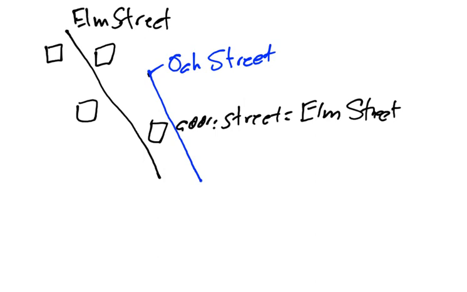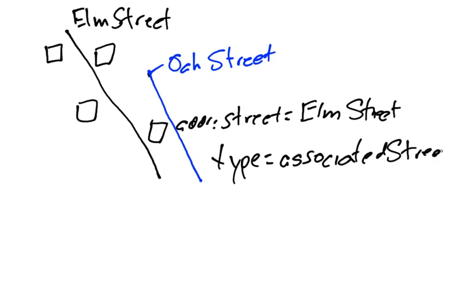So the way we would do this is we'd make a new relation, and we said in the relation video that relations needed a type. So in this case, the type is associatedStreet, and you'll see here this S is capitalized. And then we also said that in a relation, the objects in that relation needed a role. So these objects have two types of roles.